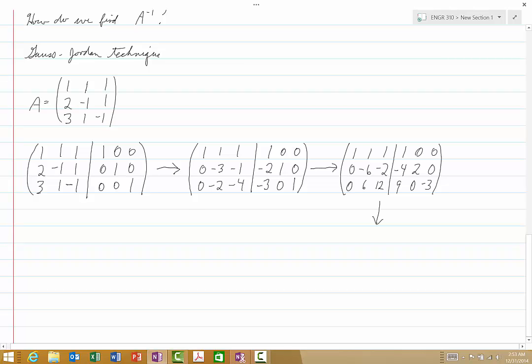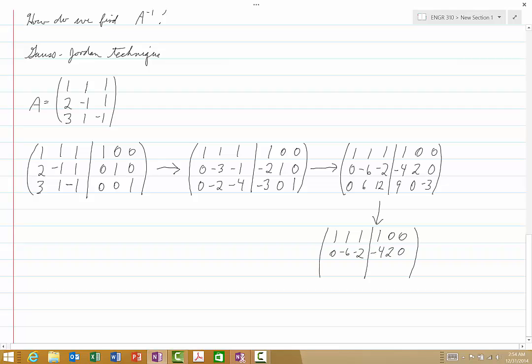And so now we're ready to add the second row to the third row to get rid of this last non-zero term below the main diagonal. And so we will have 1, 1, 1, 1, 0, 0. And 0, negative 6, negative 2, negative 4, 2, 0.